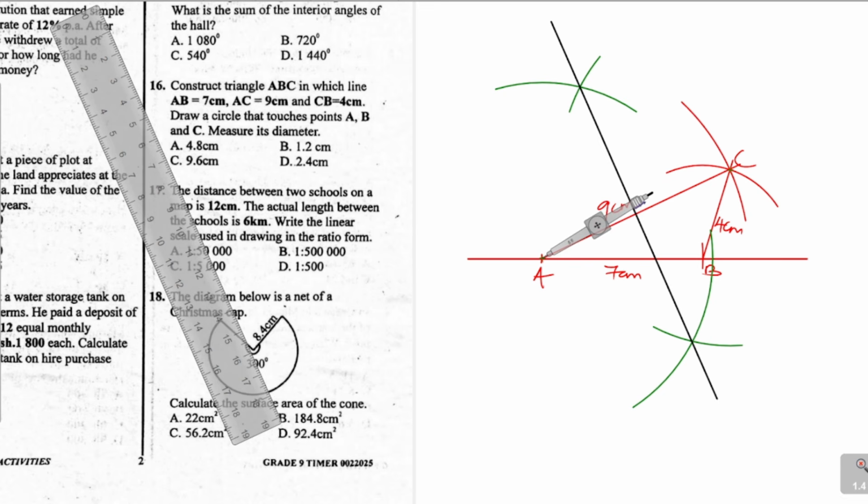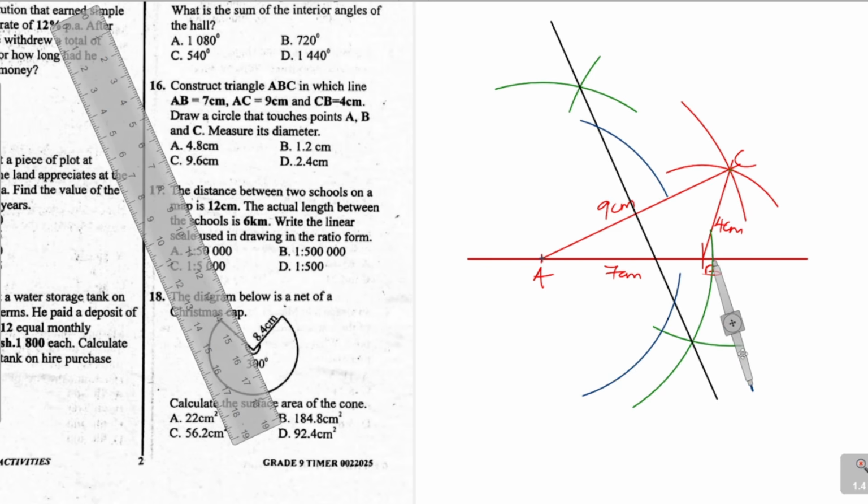Standing at A, open your pair of compass more than half of that line AB, like that. With that radius, mark an arc there, and then mark another arc below there.